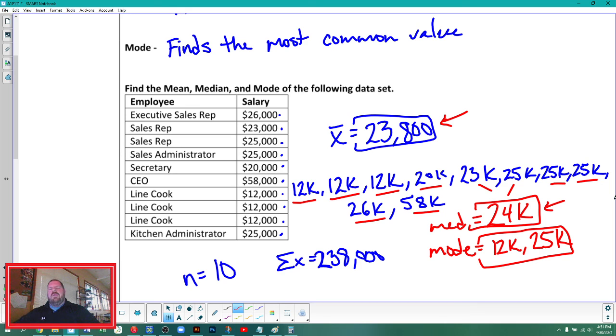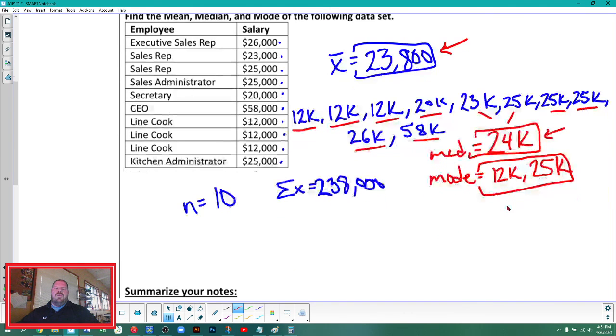So probably newer people are making more towards that 12,000 number, and more seasoned people towards the 25,000 number. So it does take looking at all parts of the data to get a good idea, but that's really what we come up with.